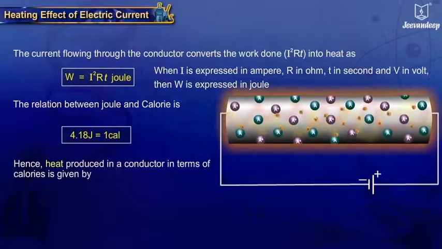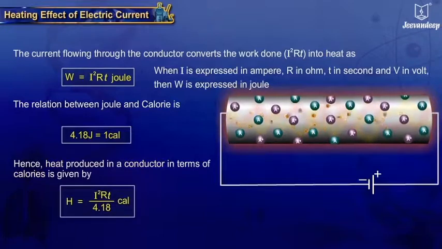Hence, heat produced in a conductor in terms of calories is given by H equals I square RT upon 4.18 calories.